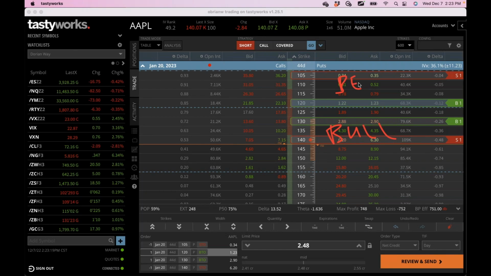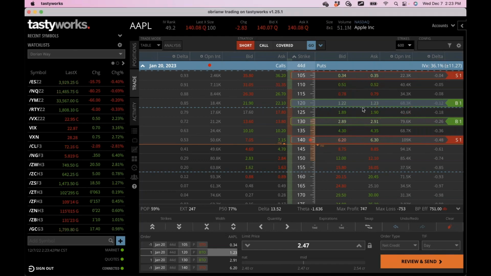Okay? You have a bull and a bear put spread, and then they're fused together right here to make that body. And this is where you have two contracts, and then the wing is here with one contract, and this wing is one contract. Okay, so the middle is usually double the contracts of the wings. Right? So if you wanted to do two contracts, you have four in the body and two at the wings.